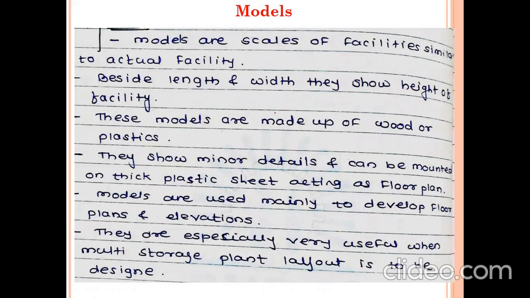Height we can understand. These models are made up of wood or plastics. So you might know building models, etc. Is it right? Small houses are there, and 3D models are there nowadays. Printing, we can call it soft lithography, laser printing, etc. Minor details can be shown in the models, mounted on a thin plastic sheet acting as a floor plan.